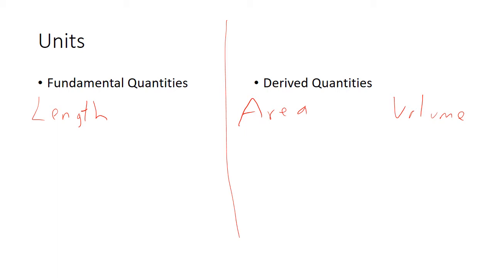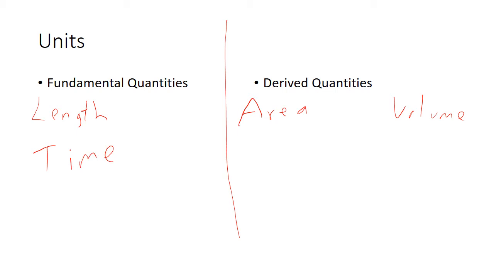Even the units we use: unit of area, square inches. Unit of volume, cubic inches, cubic feet. These are all units. You define what a foot is, and then a volume is so many cubic feet. Time is a fundamental thing.